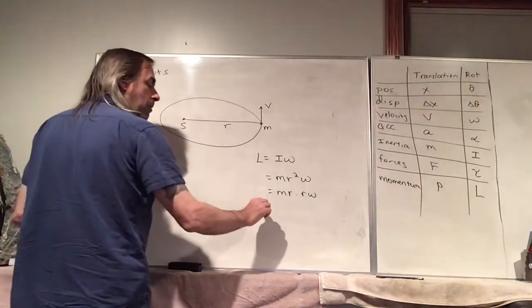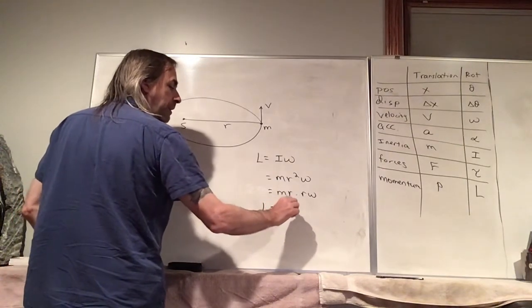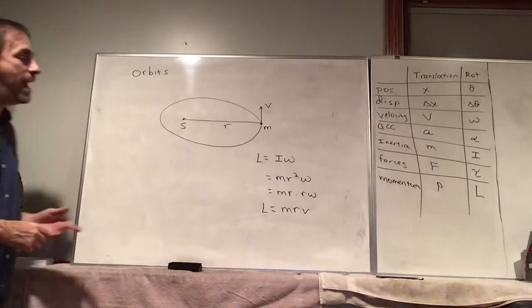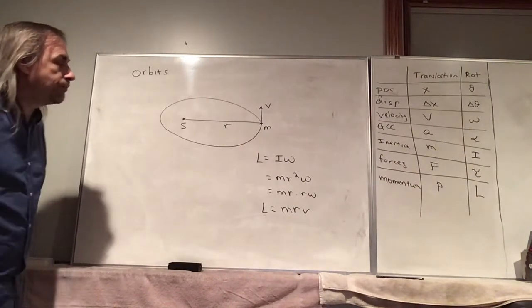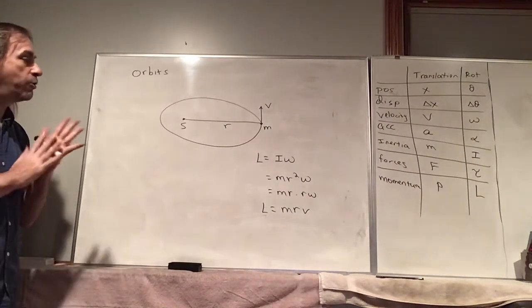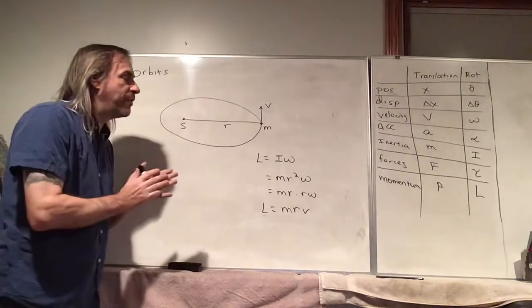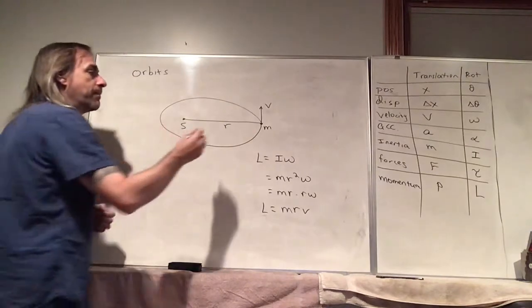So we have angular momentum L is m r v, the angular momentum of a planet, and we're treating it just as a point particle. And there's a force of gravity acting on this planet.